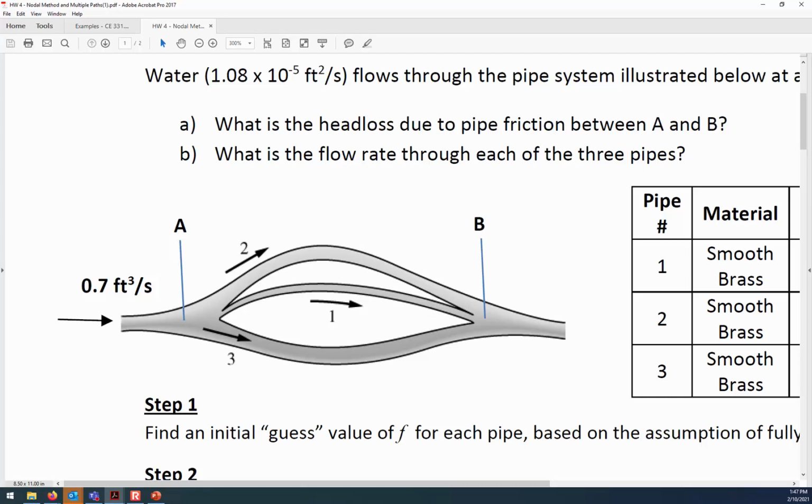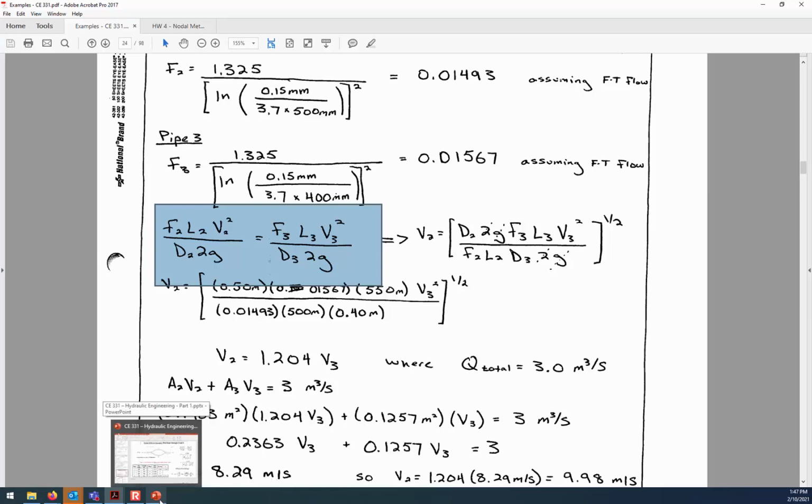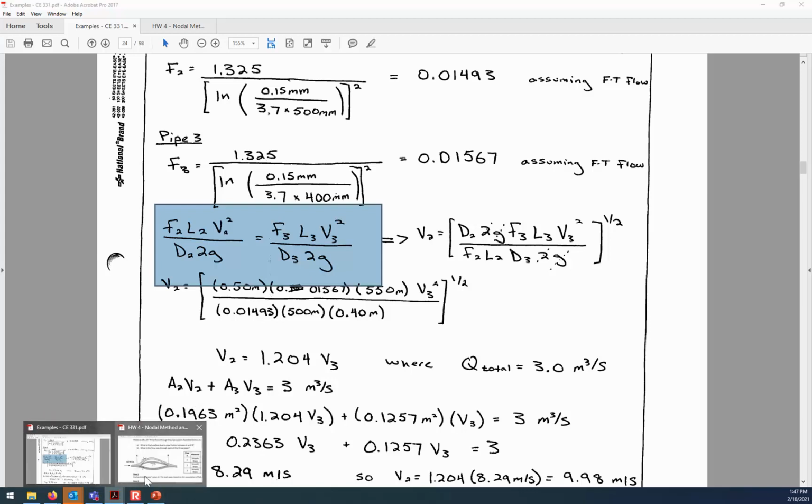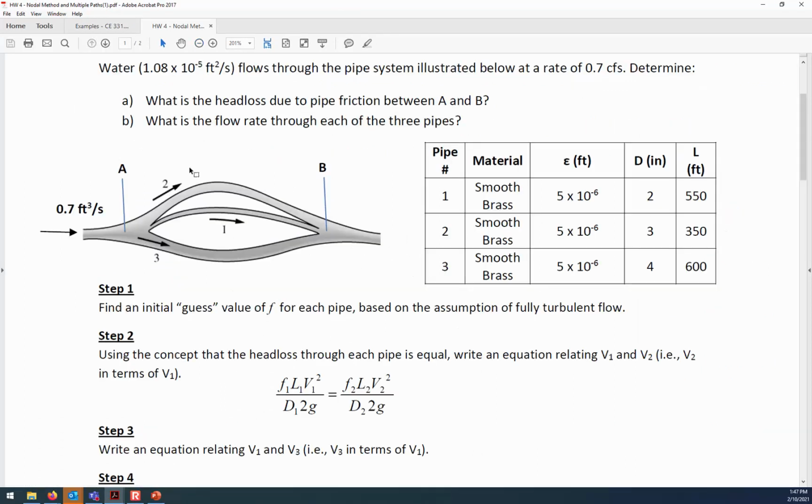So when we had this equality relationship in the solution, this one, F2, L2, V2, we could also have that be equal to F1, L1, V1 on the homework. So the head loss relationships are going to be that the head loss is the same through any of the routes, and we know that the combined flow rate is 0.3 cubic feet per second.